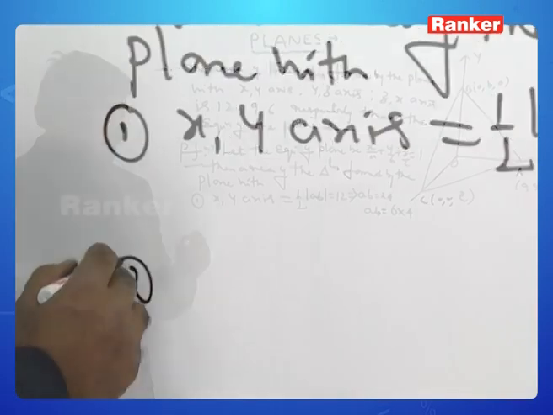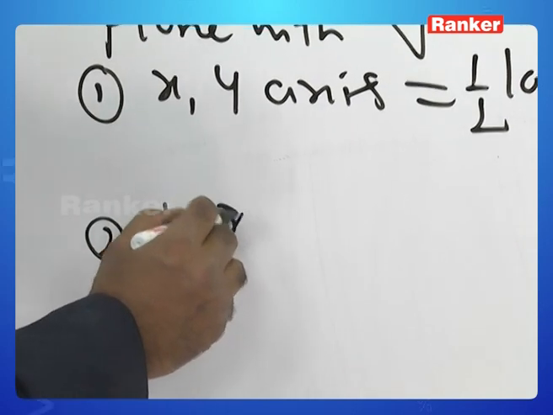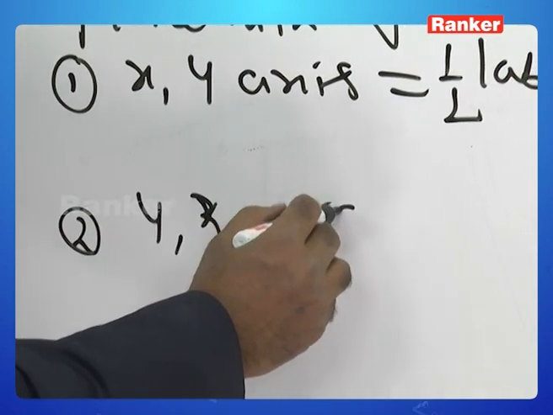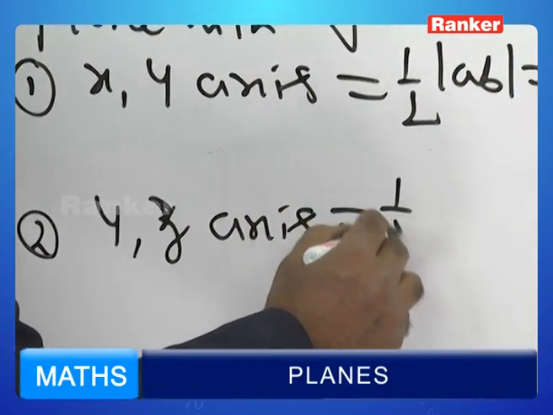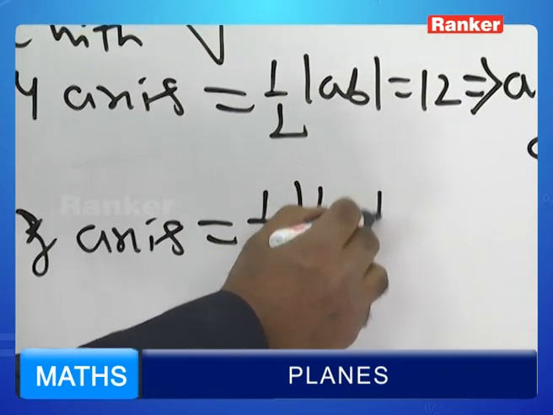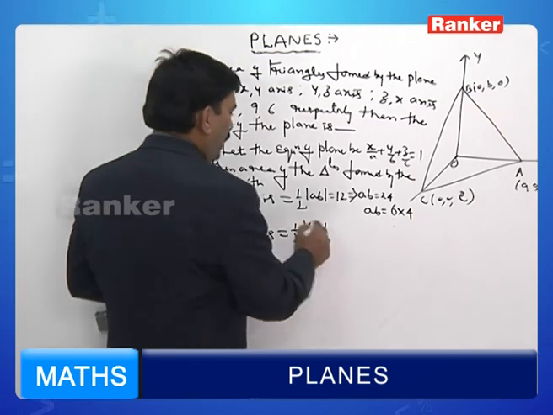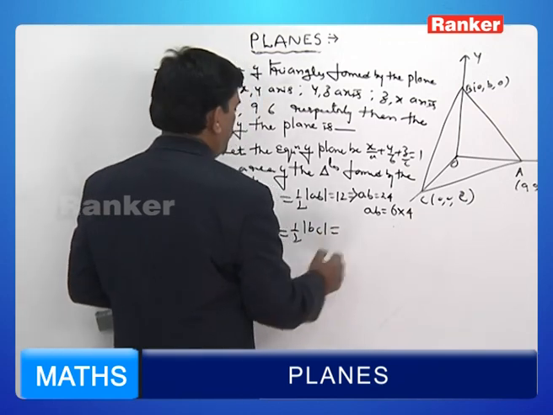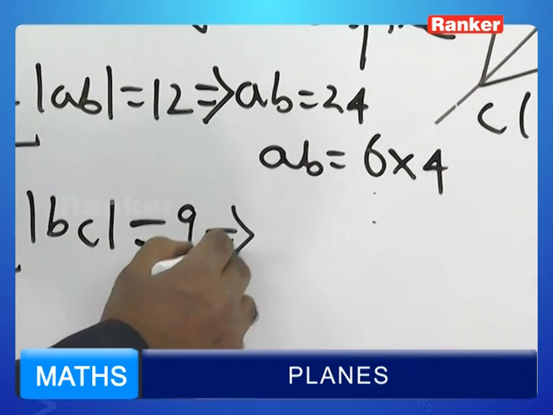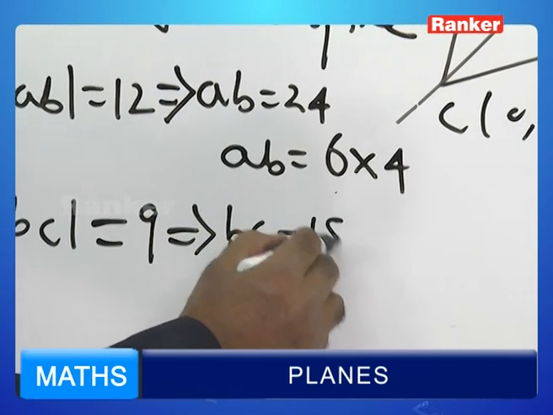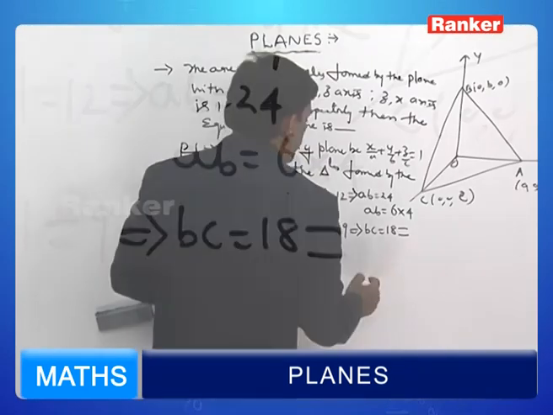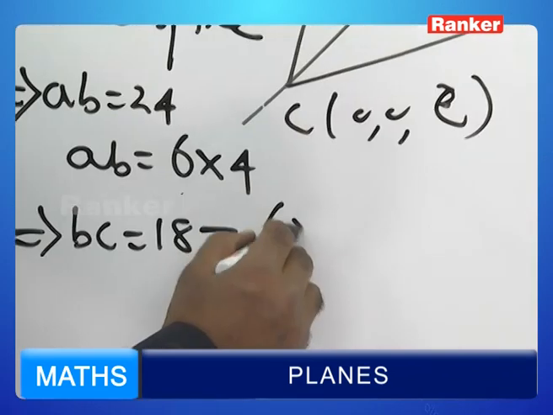Next, second one is y comma z axis is equal to half into modulus of BC is equal to how much? 9. Therefore, BC is equal to 18, is equal to now 6 into 3.